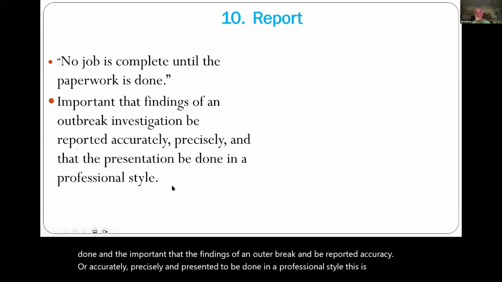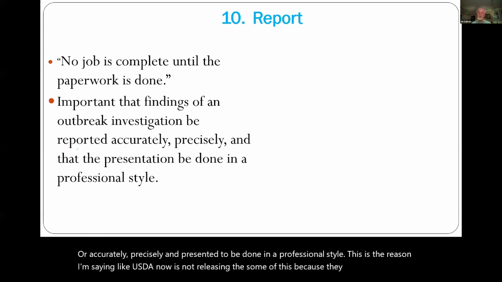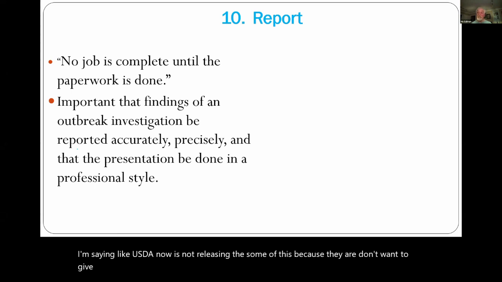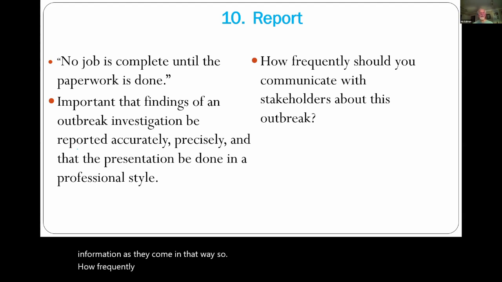This is the reason I'm saying USDA now is not releasing some of this, because they don't want to give an impression that they know the answer, but they are releasing some of the information as it comes in. So how frequently should we communicate to the stakeholders about this?